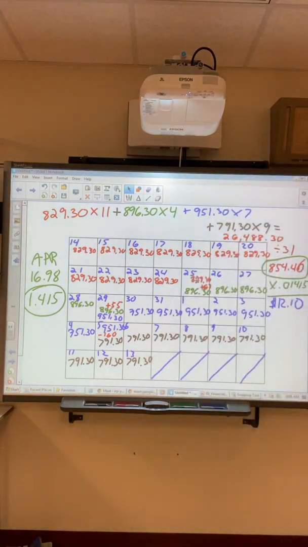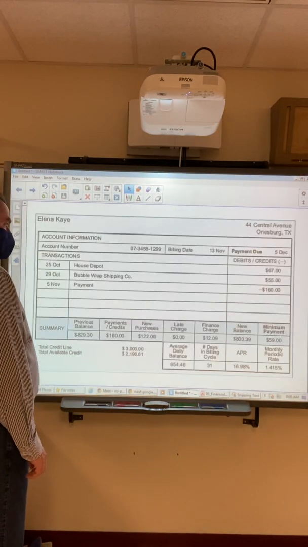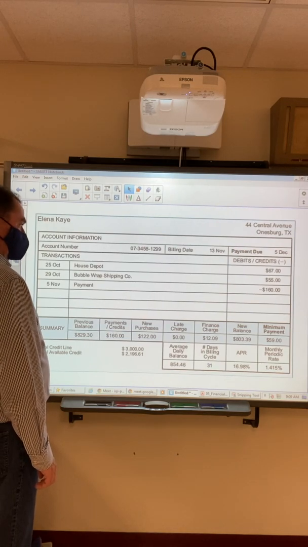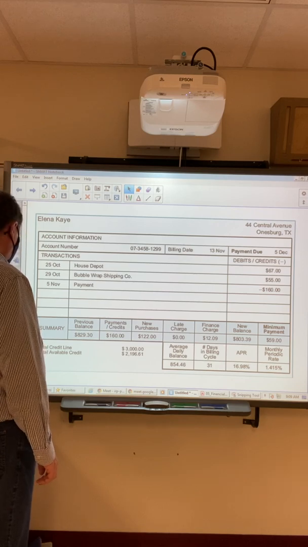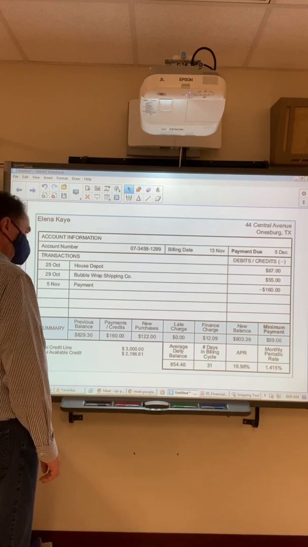Yeah, that was so close. Only off by a penny. That's pretty good. $12.09, and we got $12.10. Holy mackerel, that was so close.